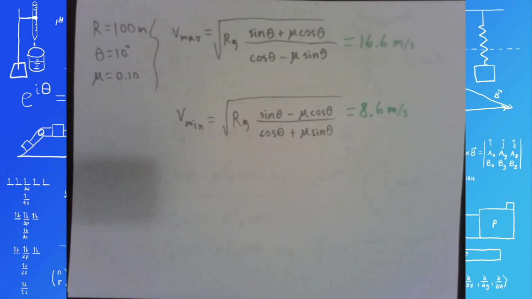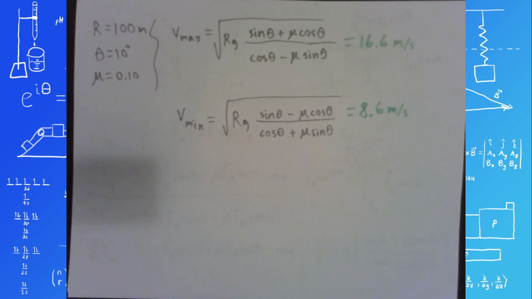I know a mile is approximately 1,609 meters, so if I did 1 meter per second times 3,600, since every 3,600 seconds is 1 hour, and divided by 1,609 meters, that's a conversion factor of 2.237 miles per hour for every meter per second.